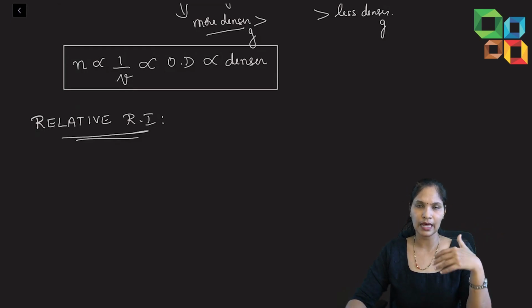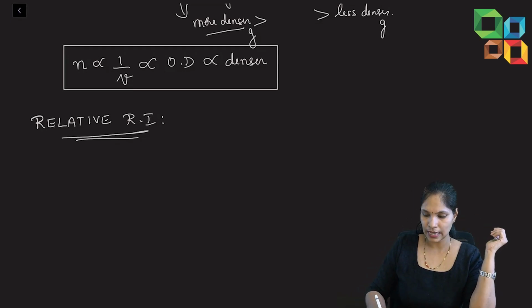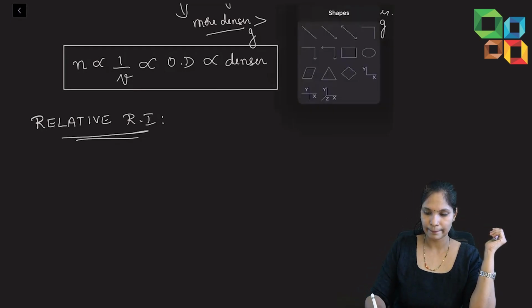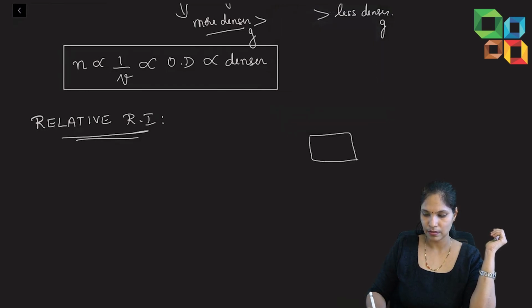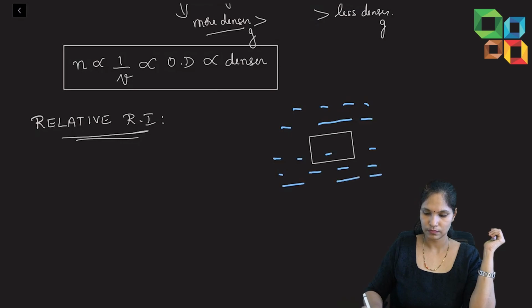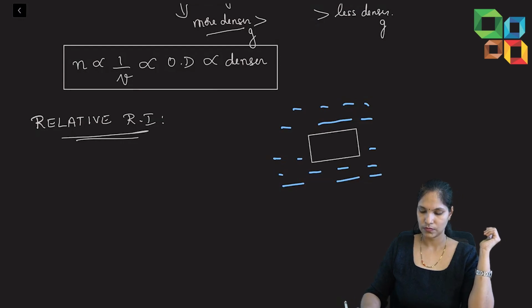Like if I take glass and water, say I keep a glass slab in water. So light comes from water and enters glass.